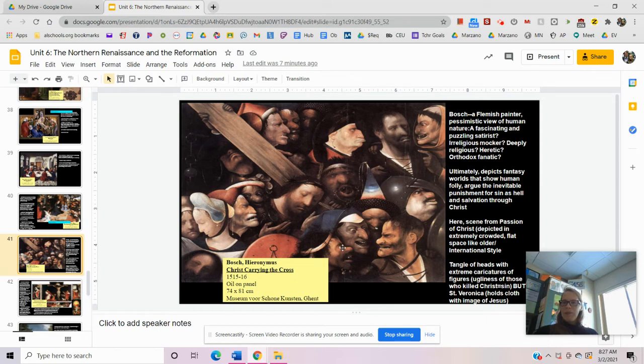And I love this one because I think Bosch is making a clear argument about human nature, especially the people who killed Jesus, which really, if you want to look at that argument, it's everybody who killed Jesus through their own sins. That's what could be argued.